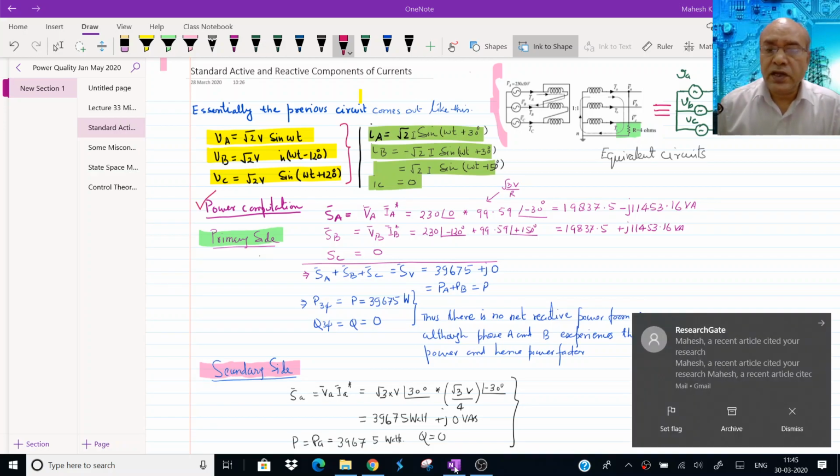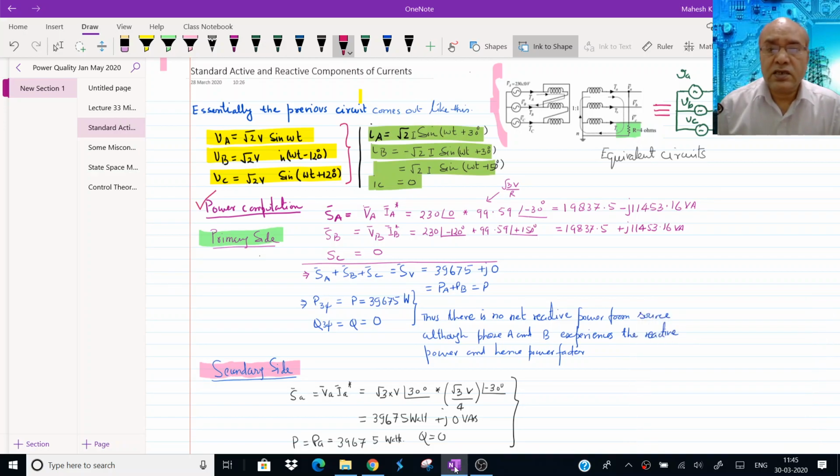Alright, so this is VA IA conjugate. Substitute these values, you will get 19,837.5 watts, and this is 11,453.16 volt ampere reactives.